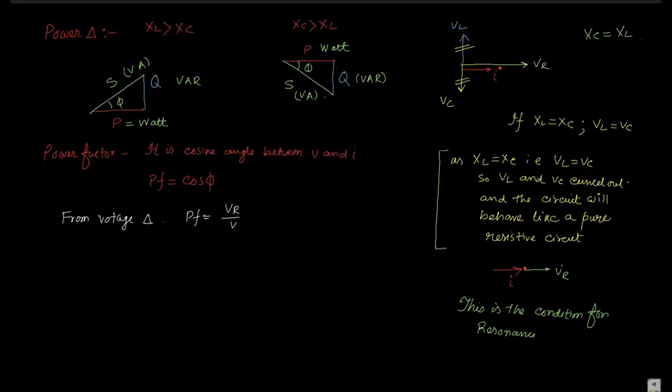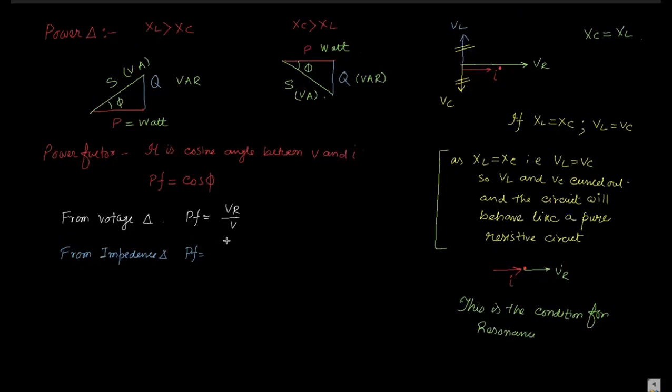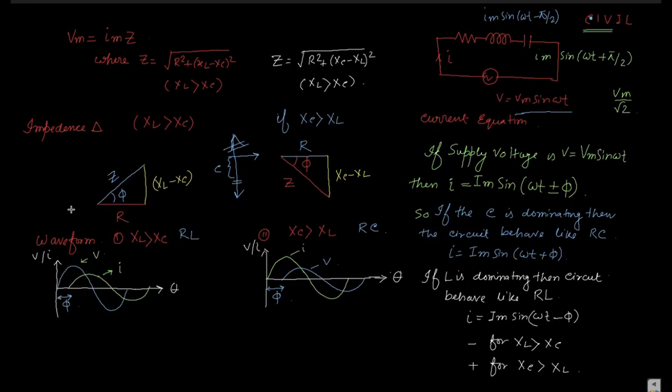From the impedance triangle, what is the power factor? Again, this is the impedance triangle, it is R by Z. R by Z is the cos phi, this is the phi.